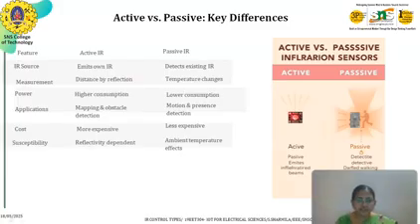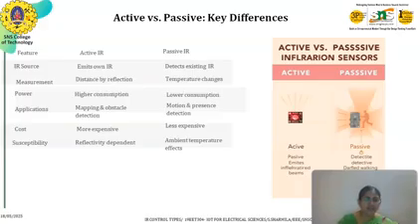The key differences between the active and passive IR sensors. First, the feature of active IR is that it emits its own IR radiation, and the passive IR detects the existing IR radiation. For measurement, active IR calculates the distance by reflection, and passive IR calculates by the temperature changes.